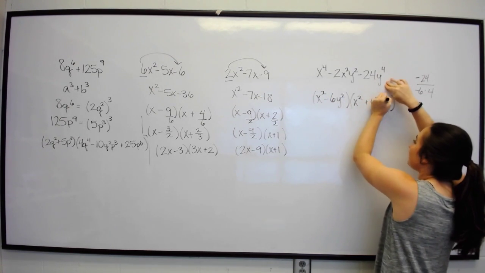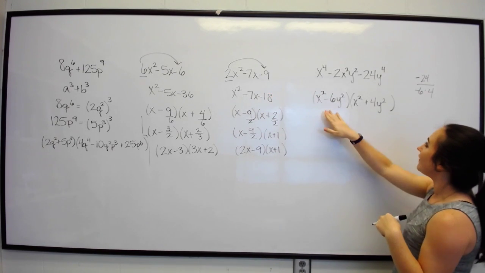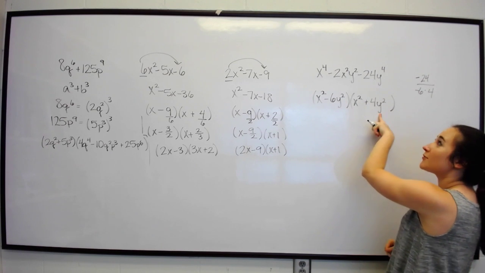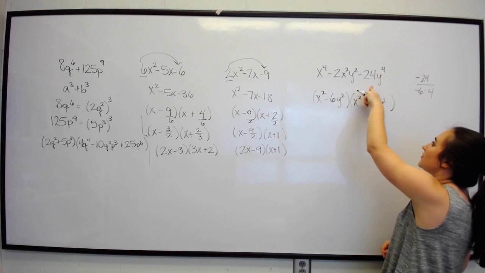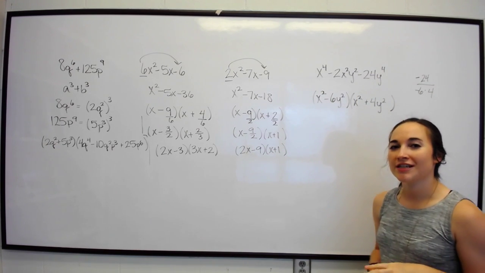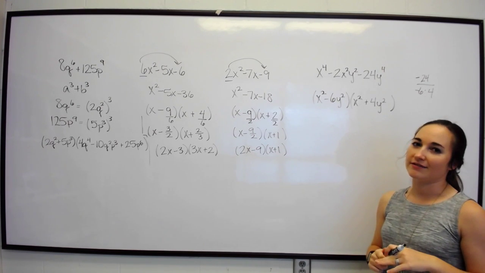So it's no different than these, but now we just have a variable in both places. And then we can check and see this would be x to the fourth plus 4x squared y squared minus 6x squared y squared minus 24y to the fourth. And we cannot simplify that anymore, so we have completely factored all 4 of these problems.